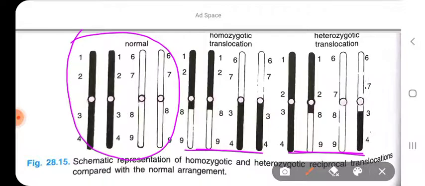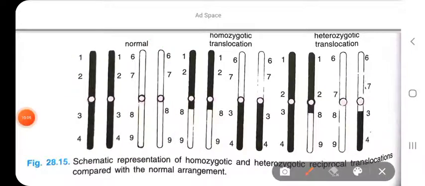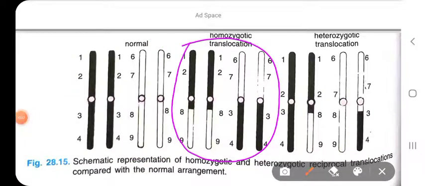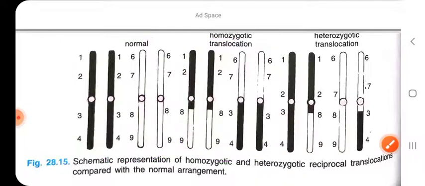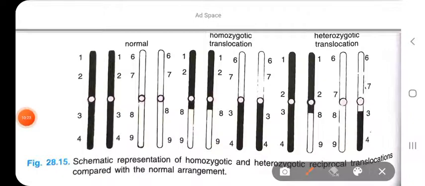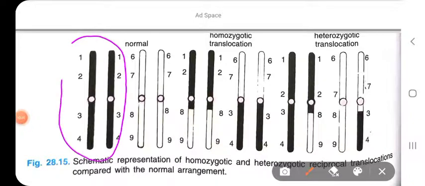In homozygous reciprocal translocation, both homologous chromosomes exchange their parts with the two homologues of another pair. This is a homologous pair of chromosomes, one we get from father, one we get from mother.